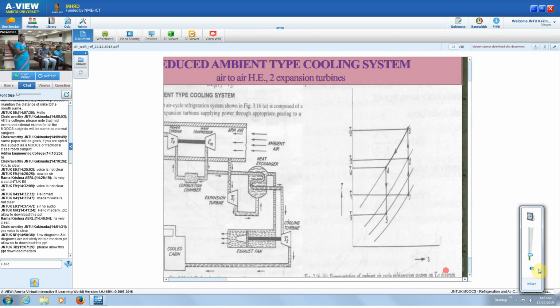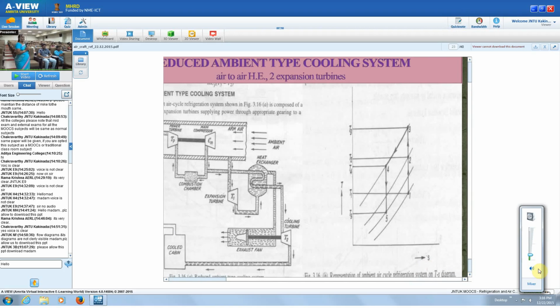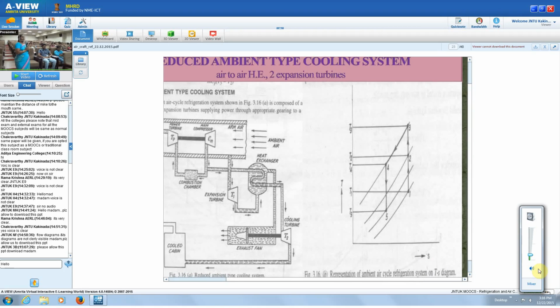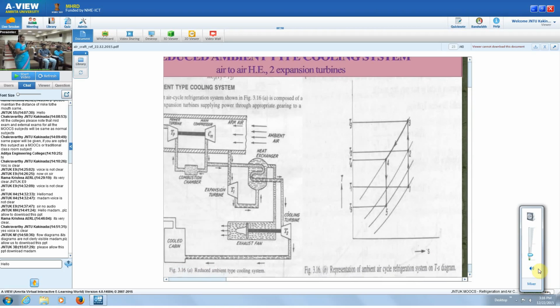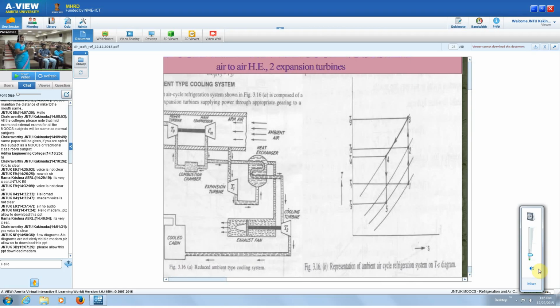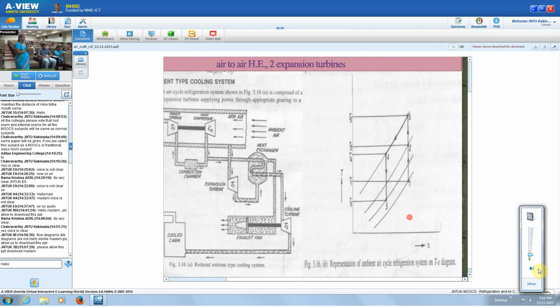So the same thing you can see from the TS diagram. 1 to 2 is ramming and 2 to 3 is actual compression in the main compressor, and 3 to 4 is the heat rejection in the heat exchanger. So that is by means of the exhaust from the first turbine itself.